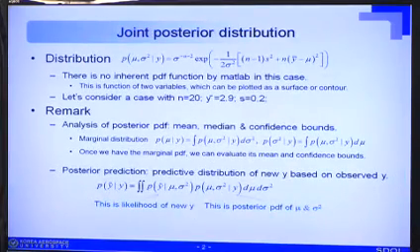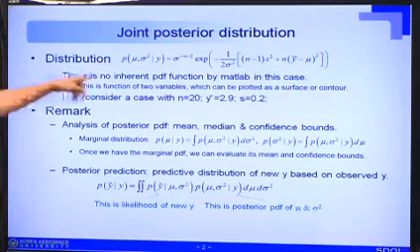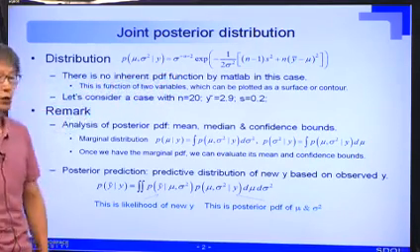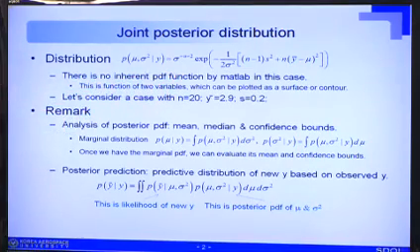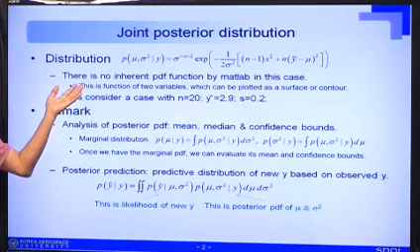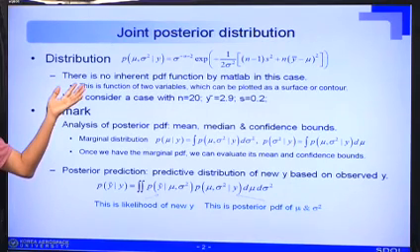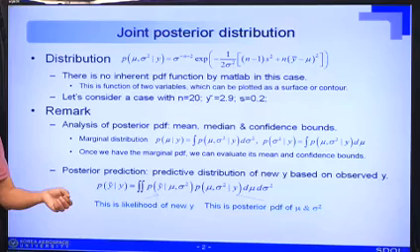So I rewrite that expression here once again. This is the joint posterior distribution. But the bad news is that there is no inherent PDF function provided by MATLAB for this. We don't have any function like you experienced, norm PDF, norm CDF, norm inverse, whatever.